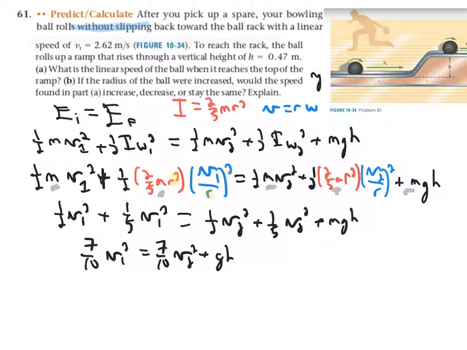And a bit of a glitch, I wrote in mgh, but it's just gh over there. And then we're solving for, if we go back here, we're looking basically for v2. So I would have 7/10 v2 squared equals 7/10 v1 squared minus gh.